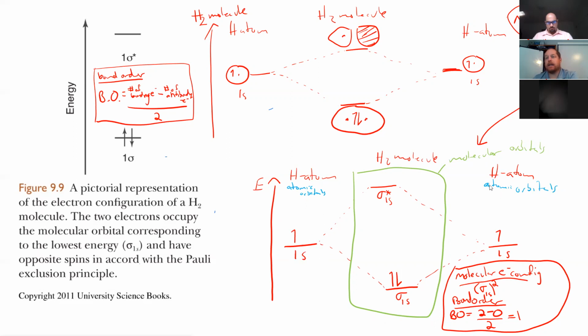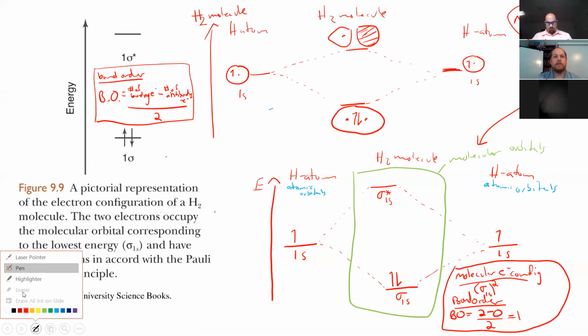On the other side, we have a second hydrogen atom. Of course, these are separated, before they bond. So these are pure atomic orbitals on the separated atoms, each with the 1s orbital holding one electron.